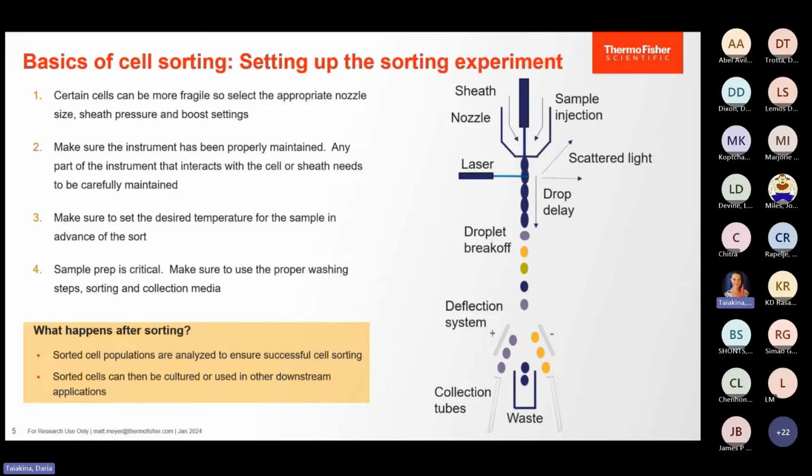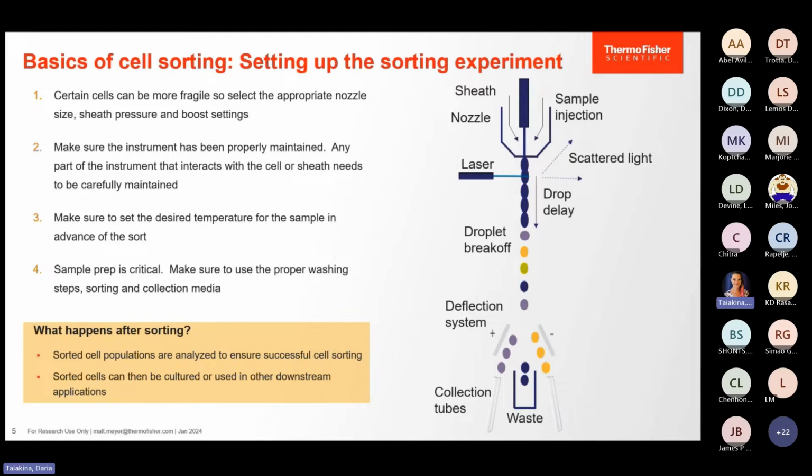Make sure to set the desired temperature for the sample well in advance of the sort, just to let the system reach that temperature and stabilize. And then sample prep is critical and often overlooked. Make sure to use proper washing steps and make sure that the sorting and collection media that the cells are going to be in are optimal for that specific type of cell.